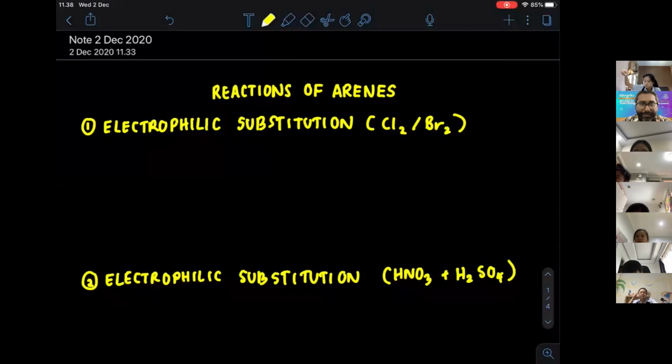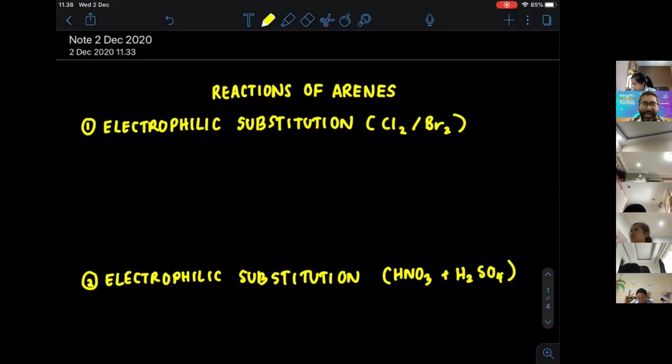When we look at reactions of arenes, the main reaction that we would like to focus on is going to be the electrophilic substitution reaction. When you have benzene, the ring structure can only be broken by the attack of electrophiles.